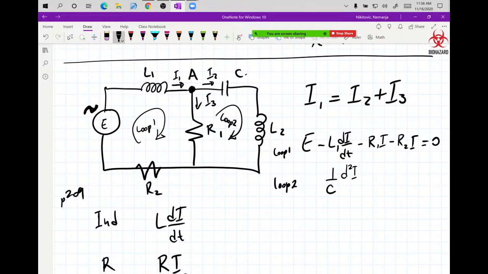Oh, I have to deal with that as well. Okay, let's do the loop 2 equation properly.